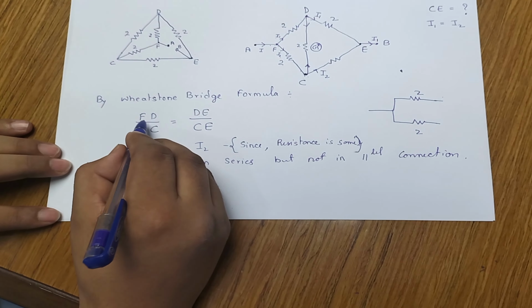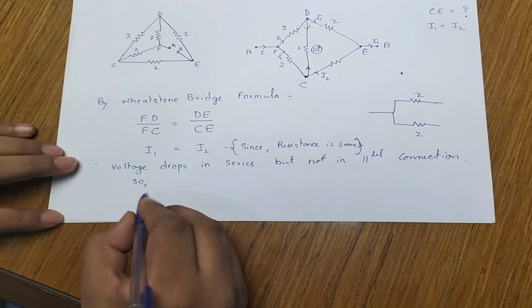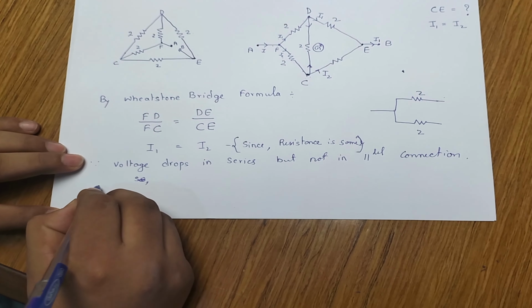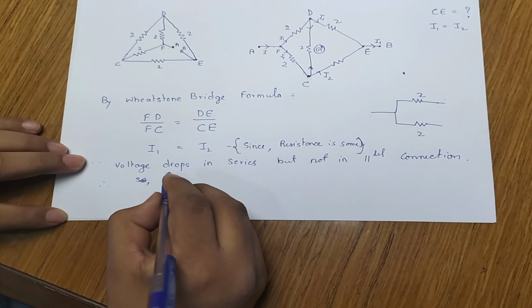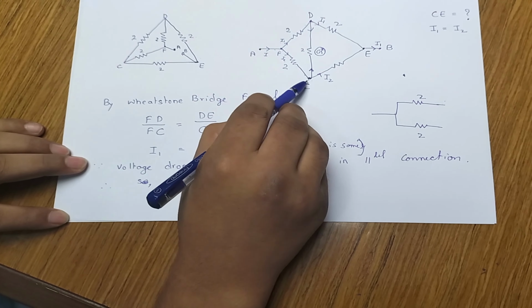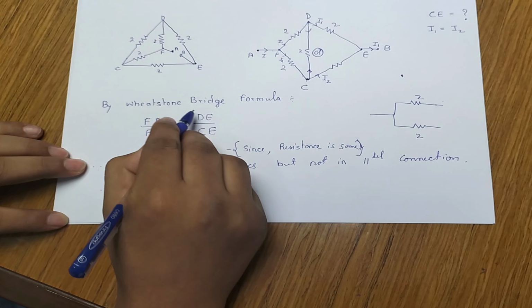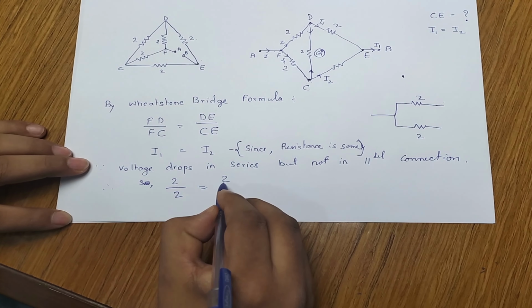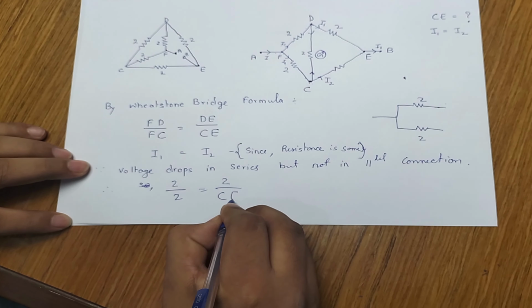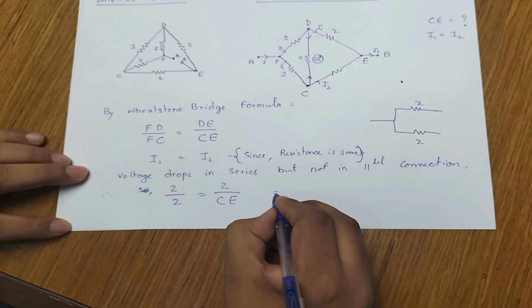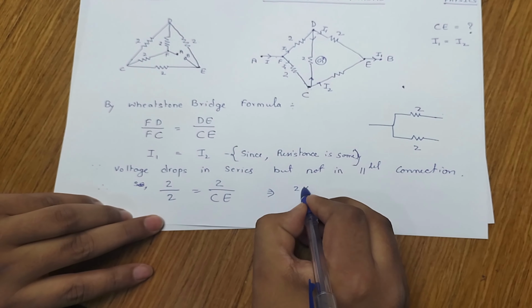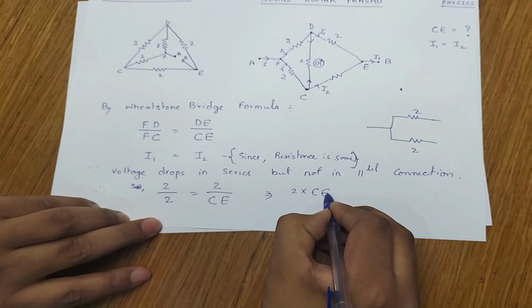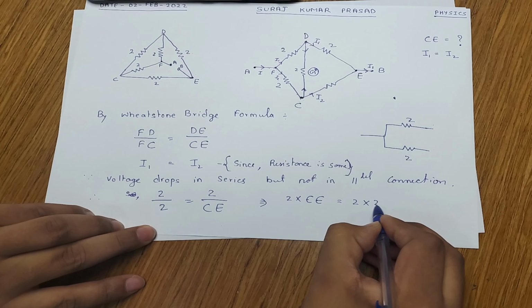Now coming to the point, the FD value is 2 ohm. Therefore FD is 2 ohm, FC is 2 ohm, DE is 2 ohm, and CE we don't know. By the help of cross multiplication, we can say 2 into CE equals 2 into 2.